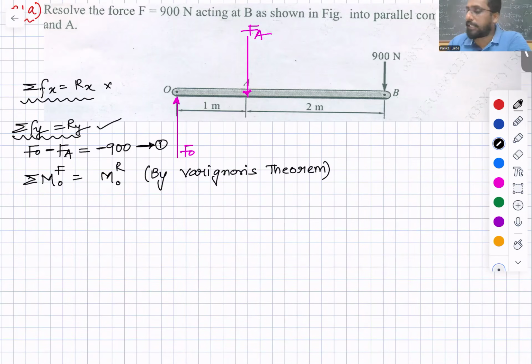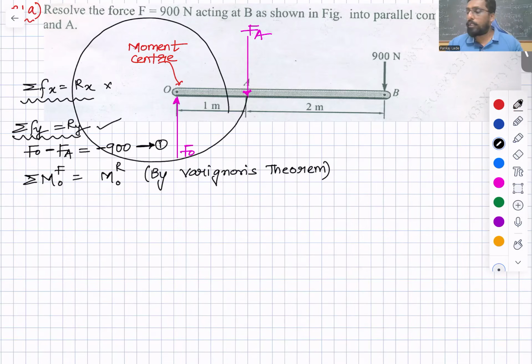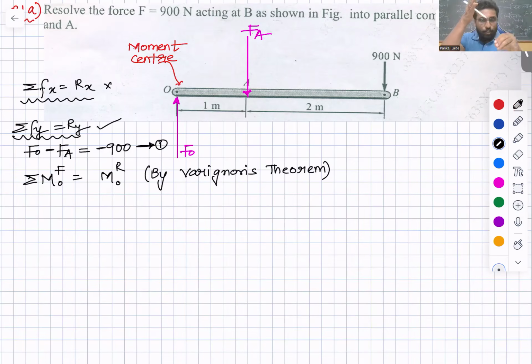Let point O be taken as the moment center. So let's take moment of all the forces. FA is going to go in the clockwise direction about the point O, isn't it? If I'm taking point O as a moment center, FO is passing directly through point O.